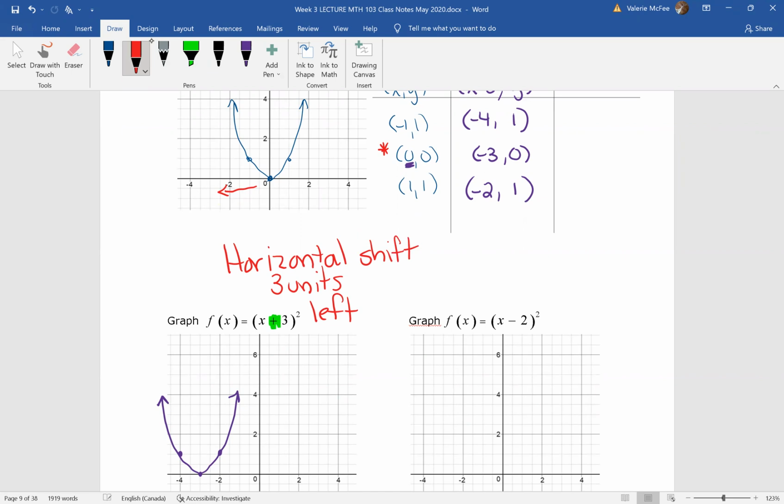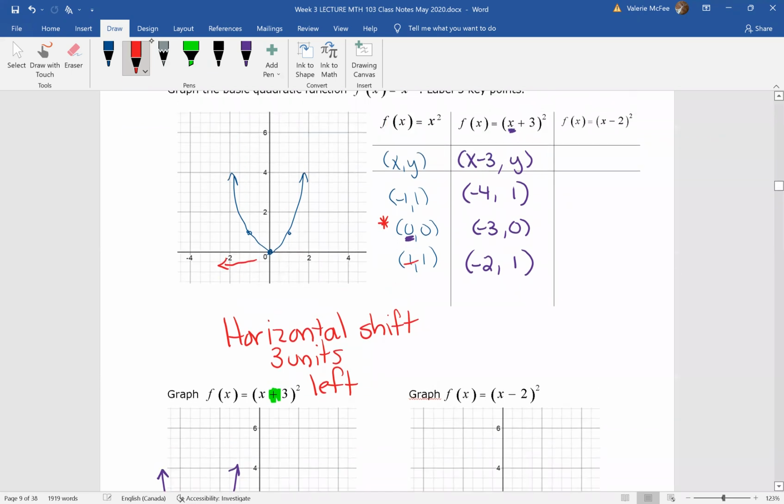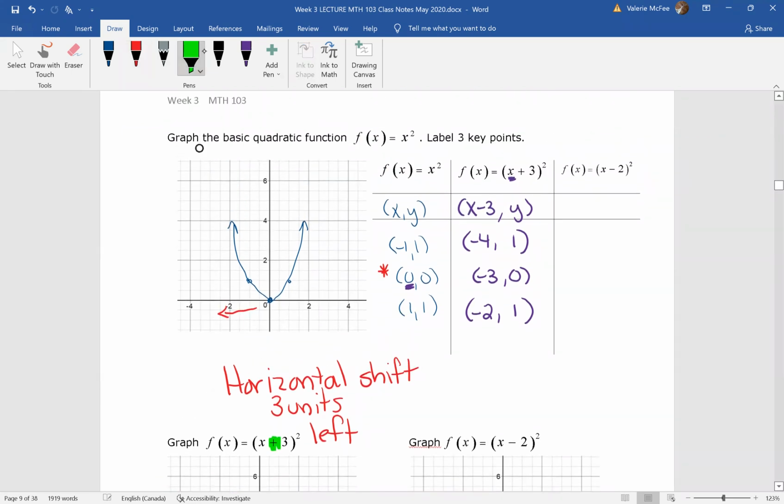So notice what we did there. This is important and you need to remember it. When we have a +3 inside the function, we change x with the opposite sign. That is not when we're multiplying, when we have a reflection. No, that is just for adding and subtracting.